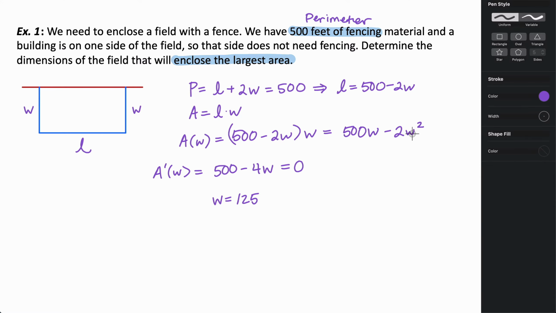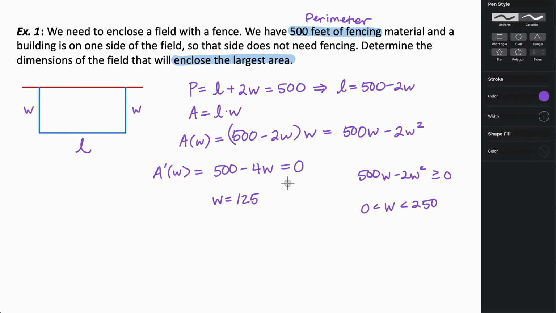And in order for this to be greater than 0, if you solve the inequality 500W minus 2W squared is greater than or equal to 0, you'll get that W has to be between 0 and 250. Right? So the value of the width has to be somewhere between 0 and 250.